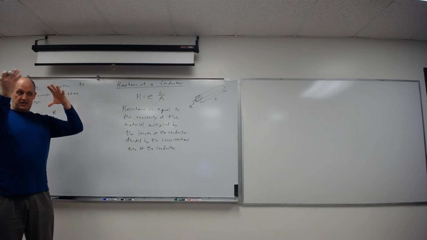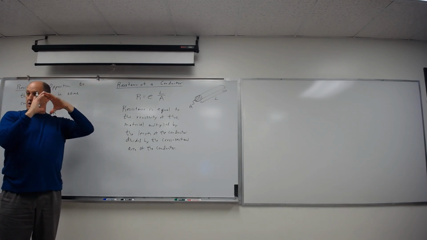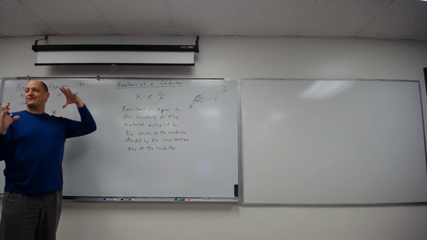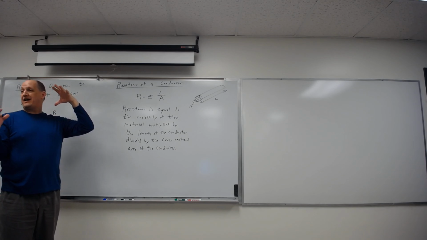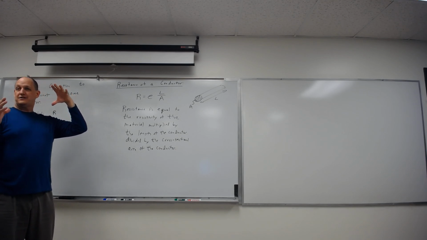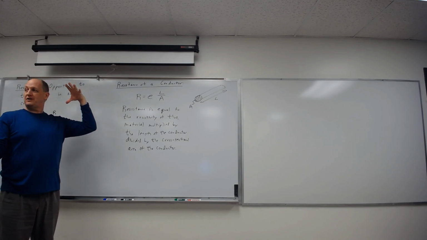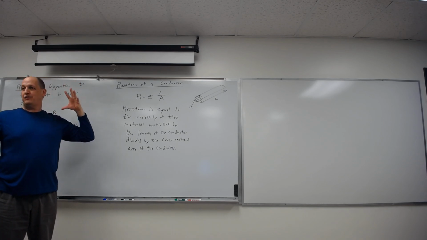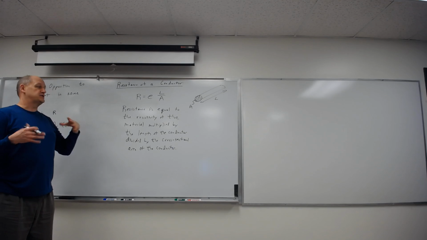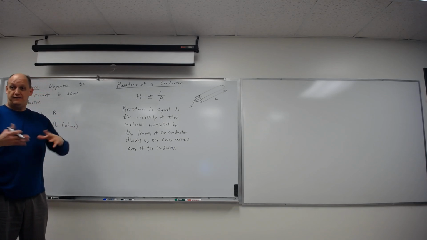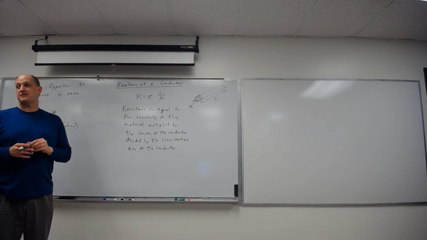In each spot along it, you've made more total free electrons in that outer valence shell that are easy to move. So if I make it bigger, there's more ability to have current actually flow through it. Those two work against each other. If you make a bigger conductor, it has less resistance.